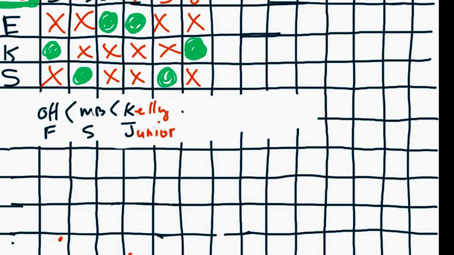So if Kelly was the setter, then Elena couldn't be the middle back. So this one is the correct one, as far as my way of thinking.